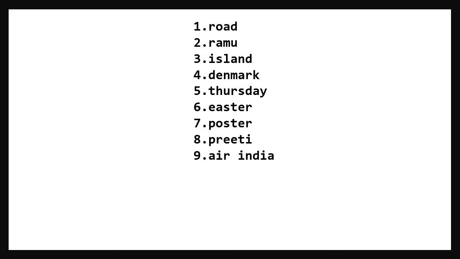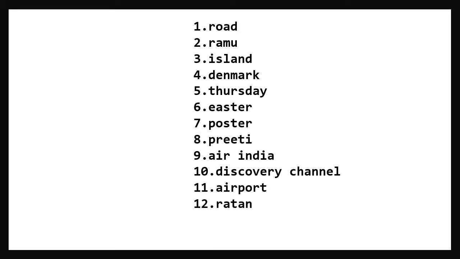Then comes Air India, Discovery Channel. Then comes airport. Then comes Ratan, Jacob, and Shanghai. So this is a list which you have to rewrite with the proper capitalization if they require so.